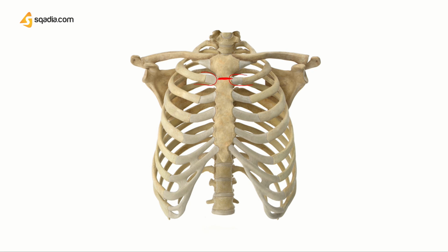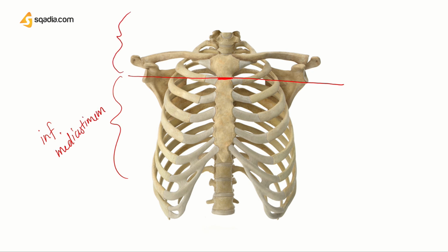Now, the next thing that the sternal angle marks is that it divides the mediastinum into superior and inferior. So this is known as the inferior mediastinum, whereas this is known as the superior mediastinum, up to here, sorry.